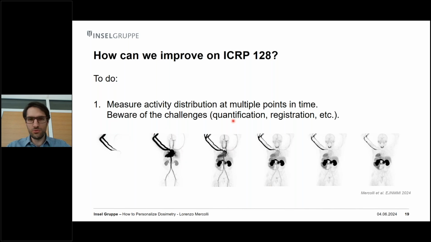So with SPECT, you can do that, but you don't want to have just counts as a unit of your image. You really want to have becquerel. You need to take care of the registration. So if you have multiple time images through multiple days, the patient, of course, doesn't always lie the same way on the patient bed. So you need to take care of the registration as well.